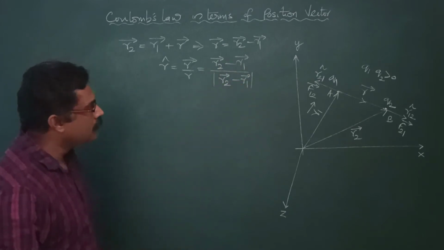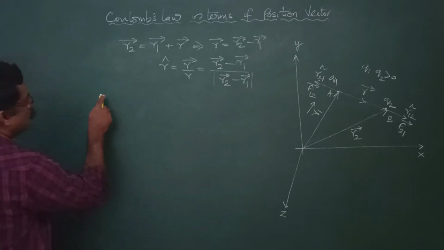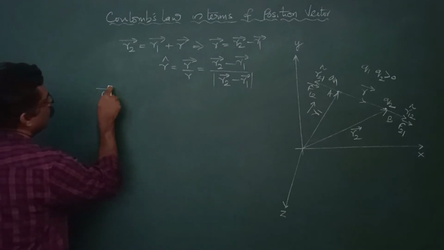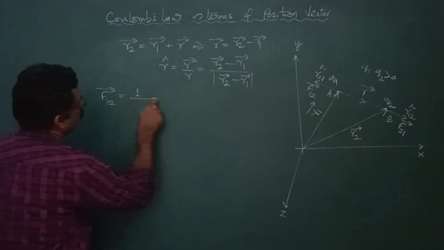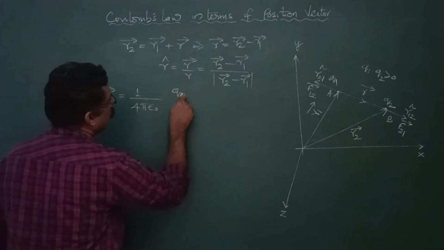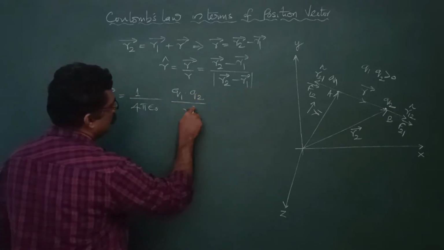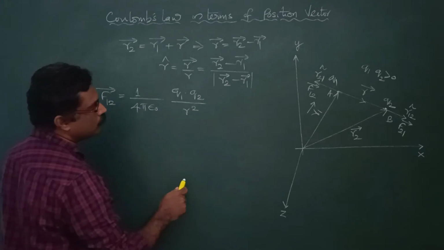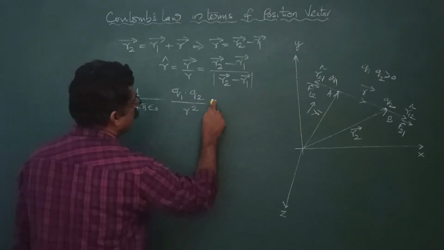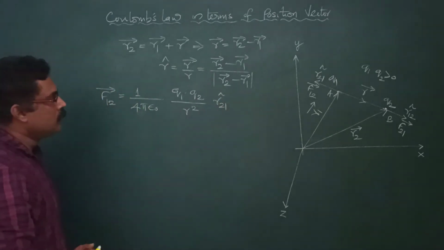Okay, now we want to find the force on q1 due to q2, so you can write f12 vector is equal to, the magnitude of the force is 1 by 4 pi epsilon 0 q1 into q2 divided by the separation square, that is r square, into the direction, that is r21 cap.